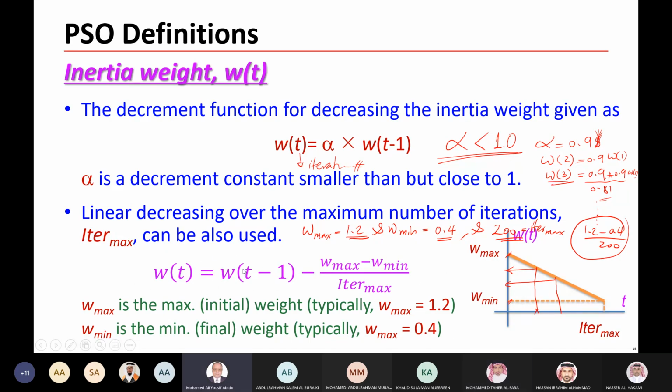And actually, from my personal experience, I applied both, and I found the results are somehow comparable, not that one is much better than the other. But you can find this one widely used in literature. Okay, thank you.